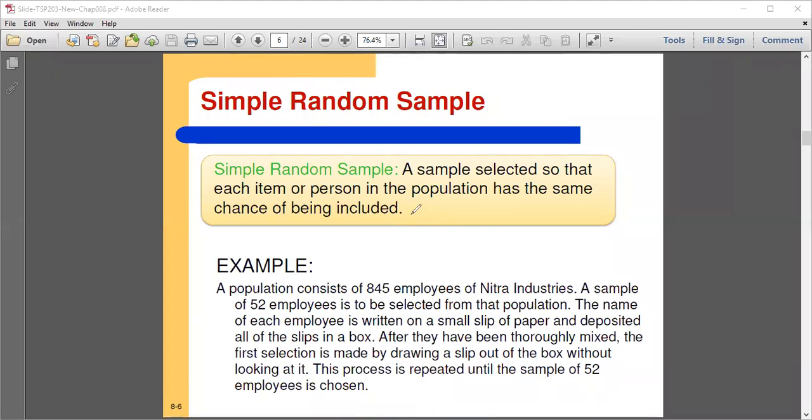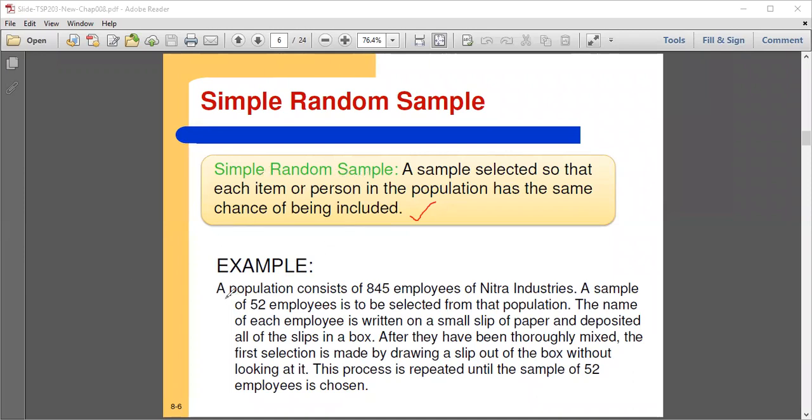It is also followed in lottery drawings, where we put slips of paper in a hat, mix them all up, then draw a slip from the hat and announce the winner. So this is that kind of sampling method.